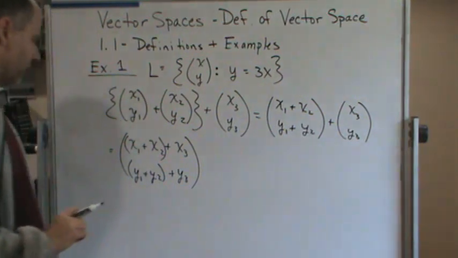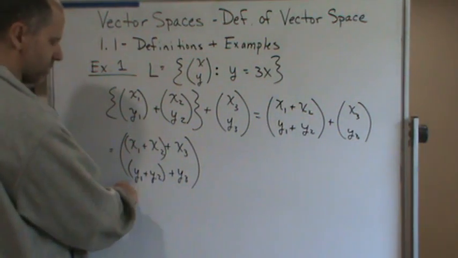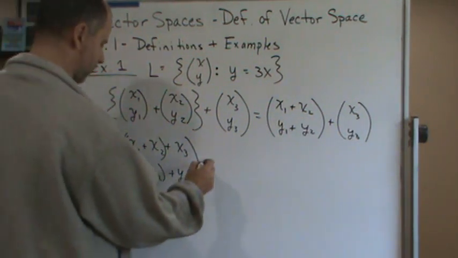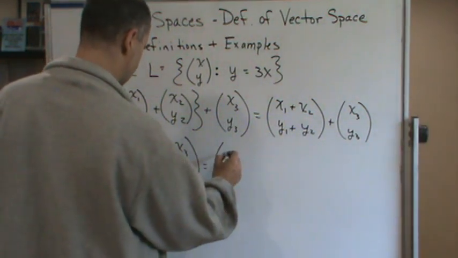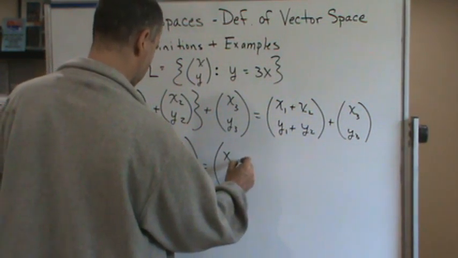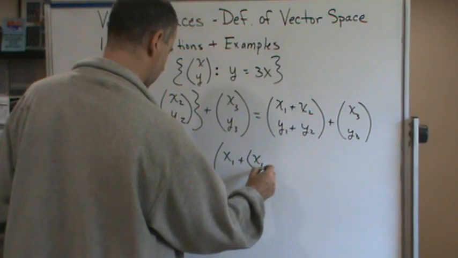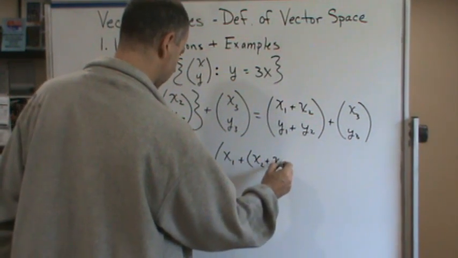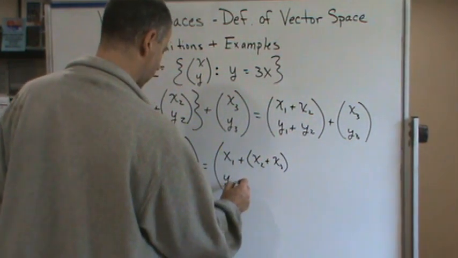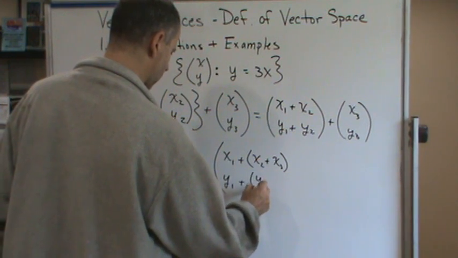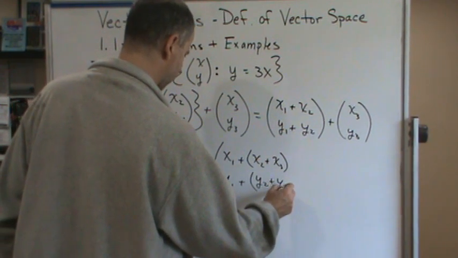So now what happens here? Well, I can use the associative property of real numbers here. So I can rewrite this as (x1 plus x2) plus x3, and then y1 plus the quantity y2 plus y3.